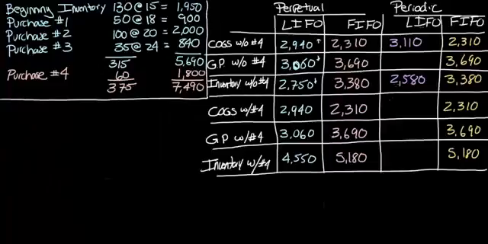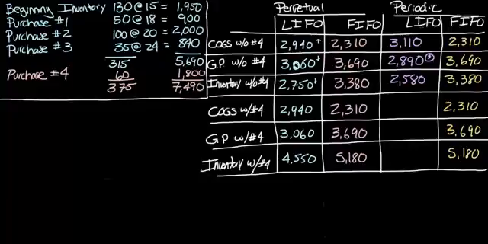And so we know what my gross profit is. It is 2,890. So you can see that my gross profit under the periodic LIFO in a period of rising prices is the lowest of them all, because we're always looking to the oldest unit sold.